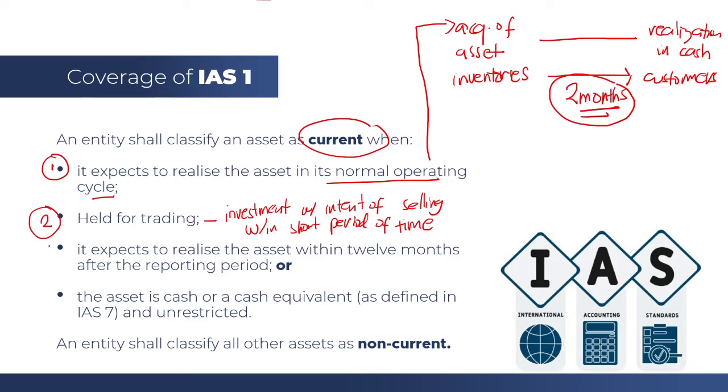The third one is when you expect to realize the asset within 12 months after the reporting period. The third one is actually very different from the first two, in a sense that this one covers all other assets.